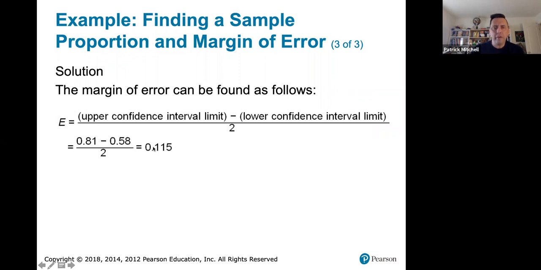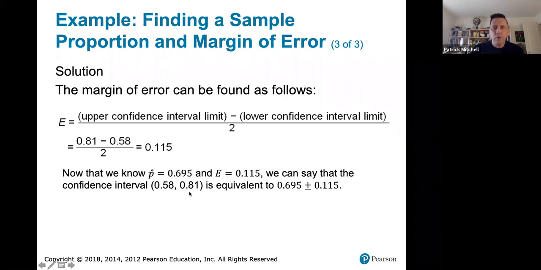And that comes out to 0.115. So I added a statement here that kind of explained what that means. If you were given the confidence interval 0.58 to 0.81, you could rewrite it as 0.695 plus or minus 0.115. So the advantage is that it makes the point estimate and the margin of error very easy to see.